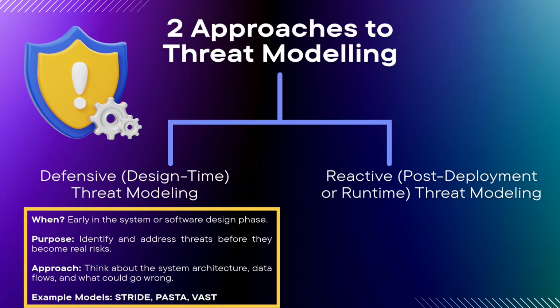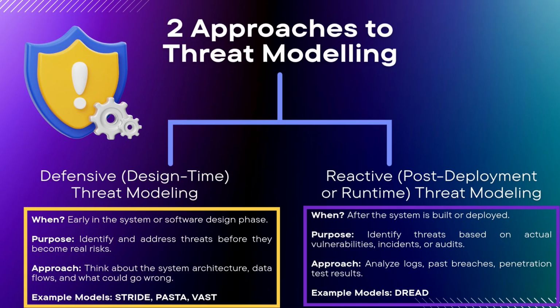And it helps you to design the security right from the start. Some examples of defensive models are STRIDE, PASTA, and VAST. And then there's reactive threat modeling, which happens right after the system is built or sometimes even when there's a security incident. So here you're analyzing what's already in place and figuring out where the gaps are. An example for this model is threat.